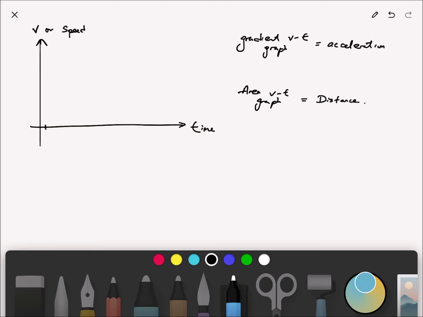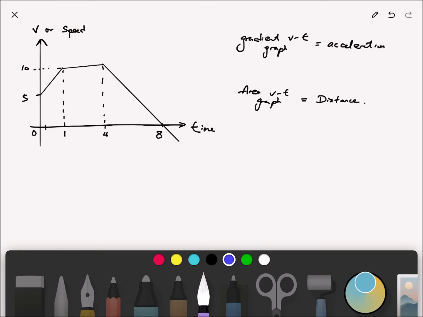Now, what does this mean? For example, if I have this particular graph, and let me add some dummy values to it. Maybe 8. Now if I were to use this graph and test you, what does it mean?